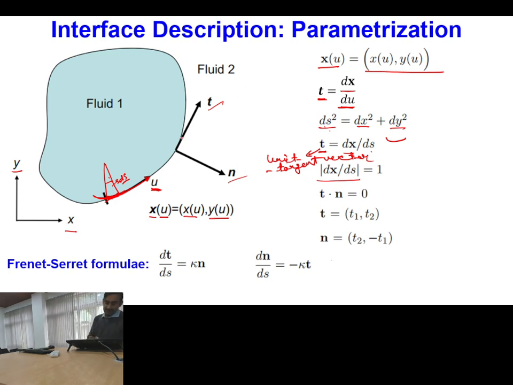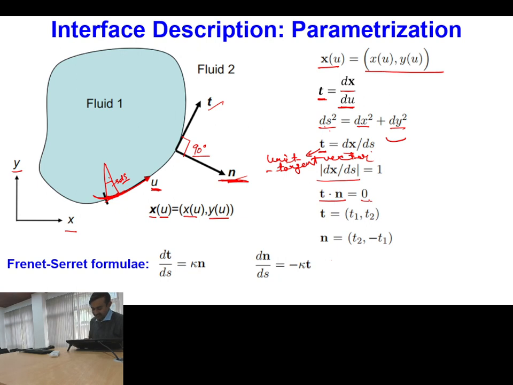Now, if this is my tangent vector and this is the unit normal vector, then ultimately what will be happening? These vectors have to be at 90 degrees to each other. Tangent and normal will be orthogonal. As these are orthogonal, their dot product has to be equal to 0. So t dot n will be equal to 0.